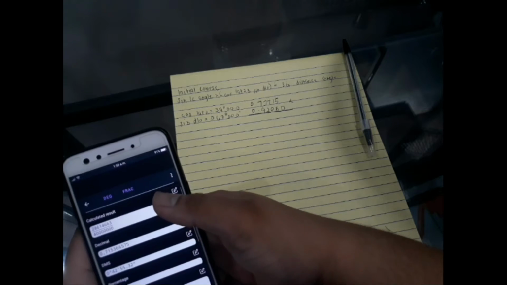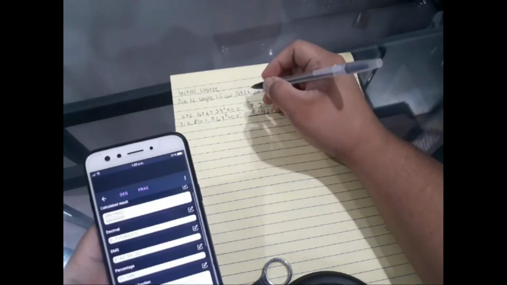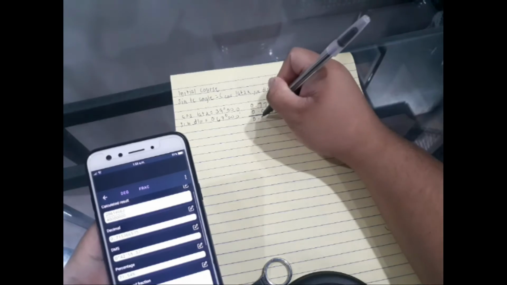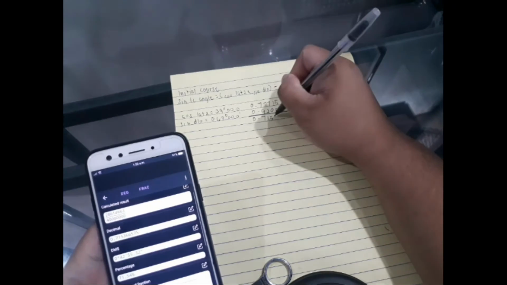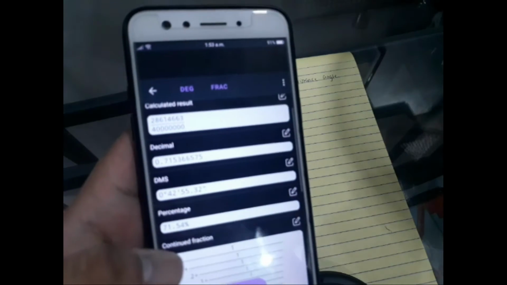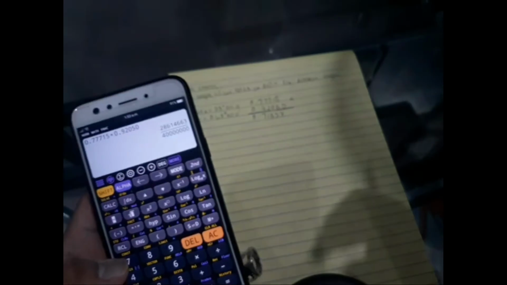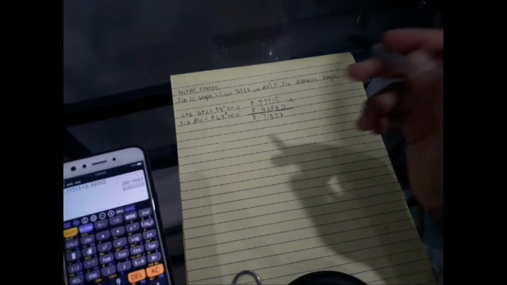So if we point it to decimal, it's gonna be 0.71537. So there you go, the decimal right there. So we're gonna continue.